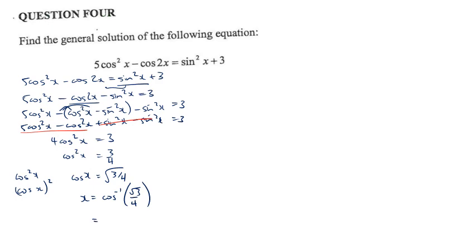Do that on your calculator, which I did, and I've just deleted it. So okay, that gives me an answer of 0.5236 to 4 significant figures. Okay, so that's one of my solutions.